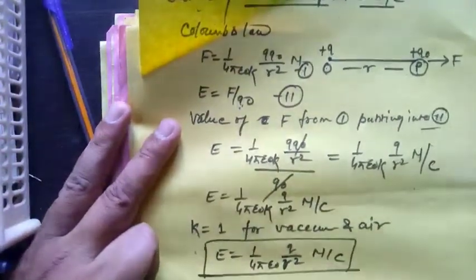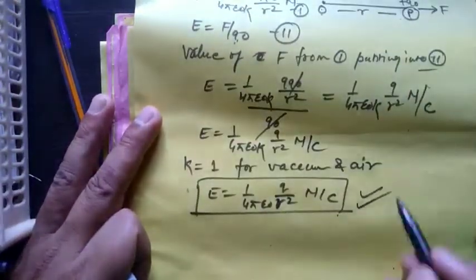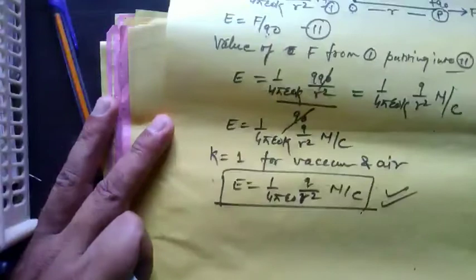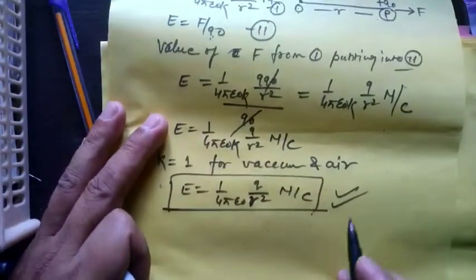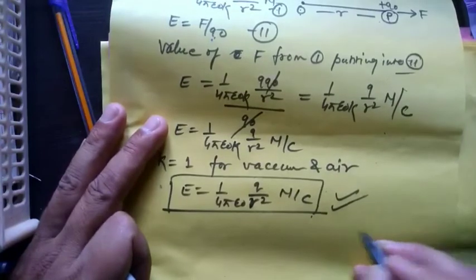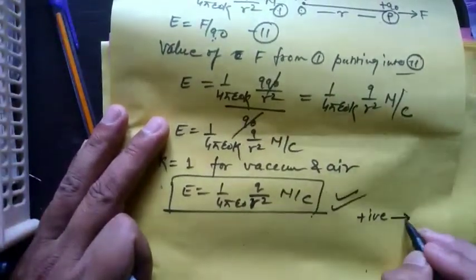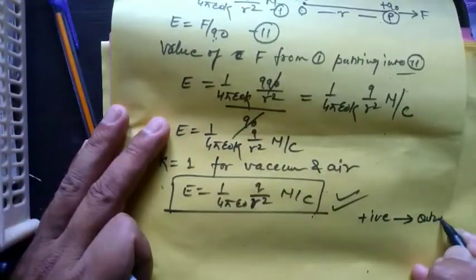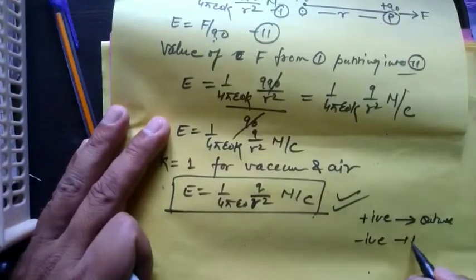This is the formula of the electric field intensity due to a point charge. As we know, for a positive test charge the electric field direction will be outward, and for a negative charge the electric field direction will be inward.